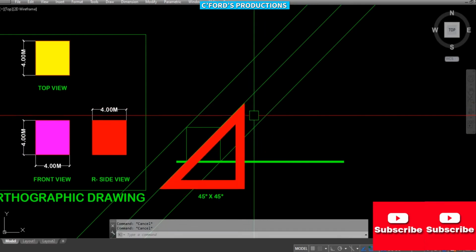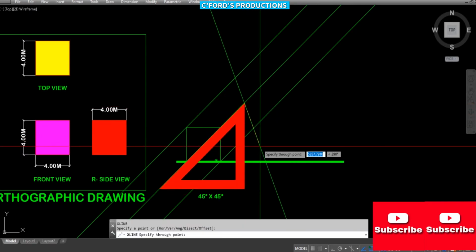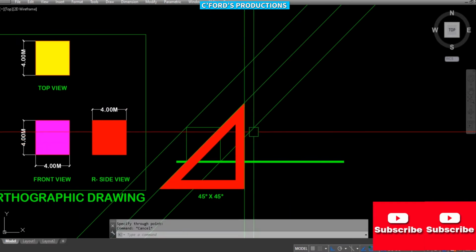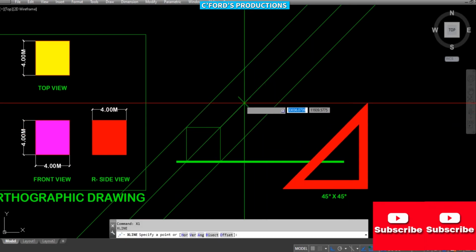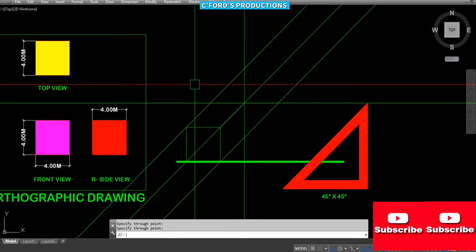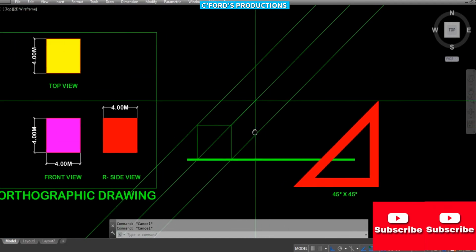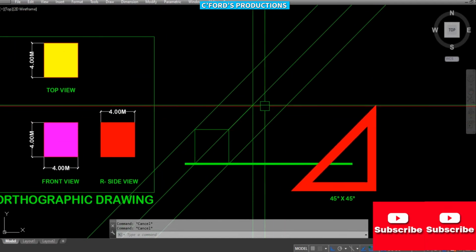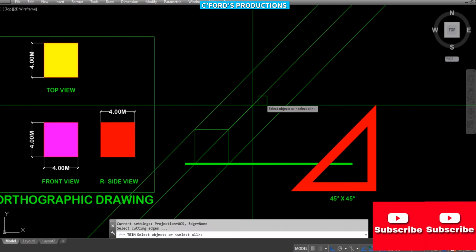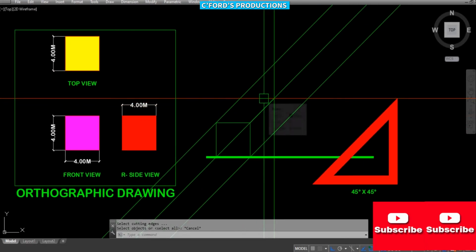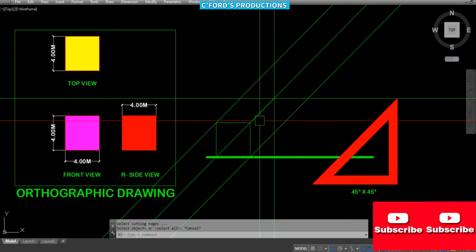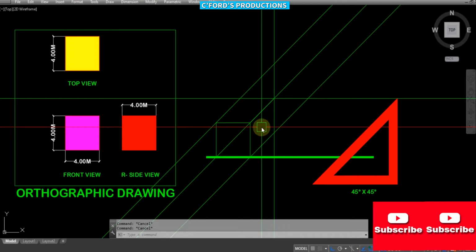Check. Okay, this one. Okay, project. We will trace. We will complete the object. We will trace the actual object.